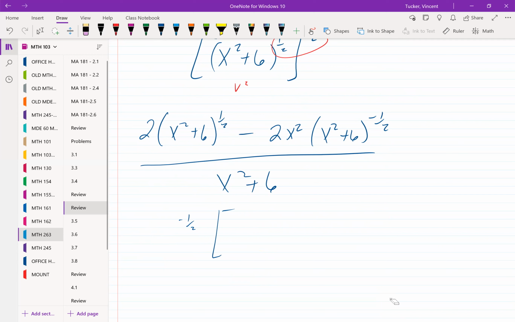That'll be easier if I multiply top and bottom. I want to simplify this as much as possible, so I'm going to multiply top and bottom by (x squared plus 6) to the 1/2.